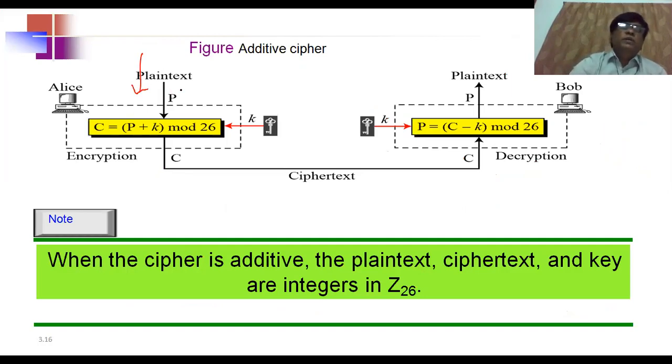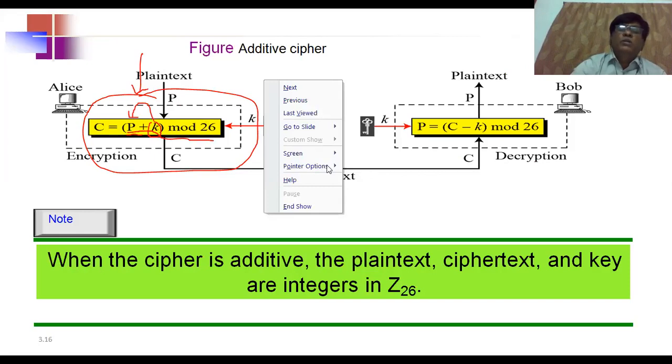For that purpose, in the encryption process, I can add some key value to each and every character in the plain text, modulo 26.